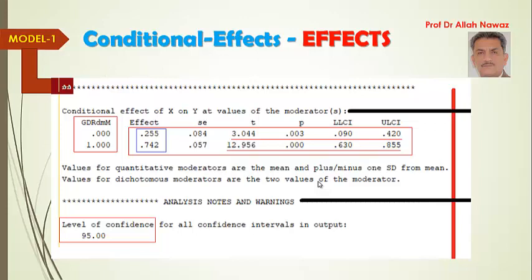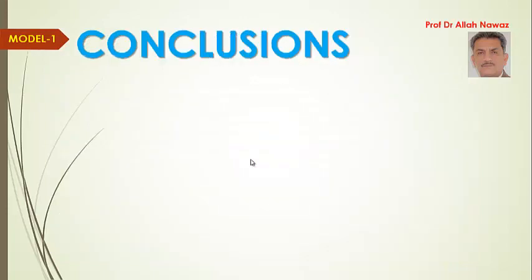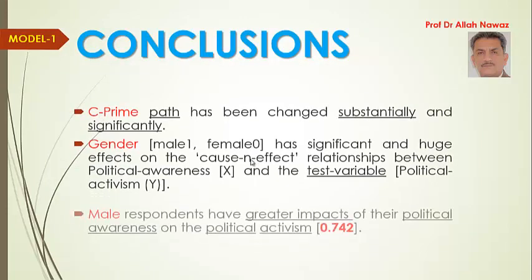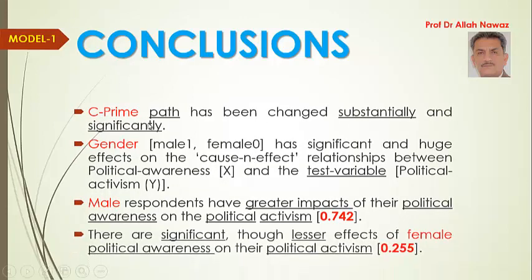The results show that there is a substantial difference, and it is significant as well. So we can draw the following conclusions from this analysis: the C prime path has been changed substantially and significantly.